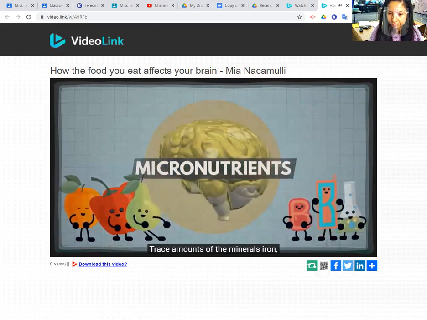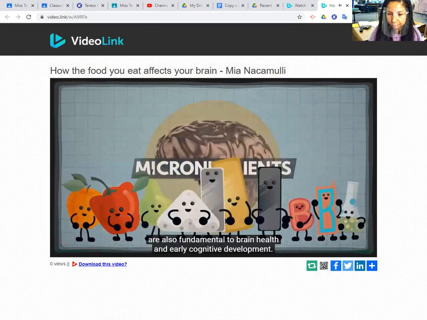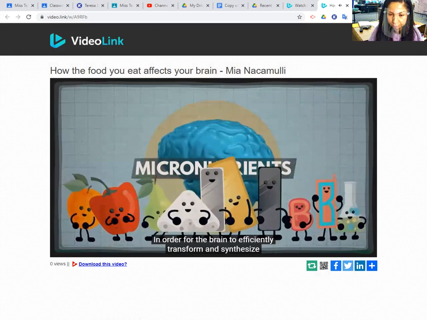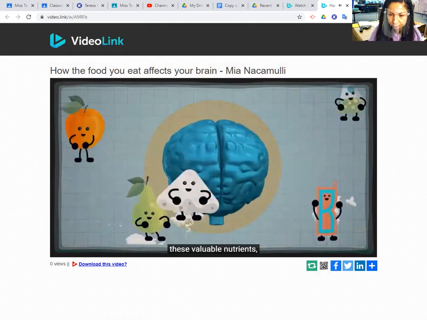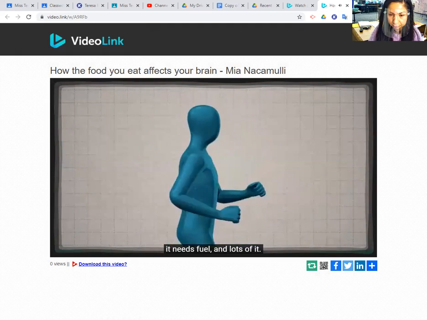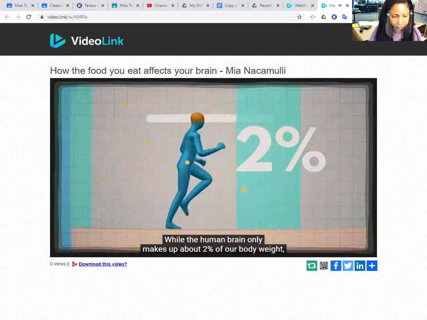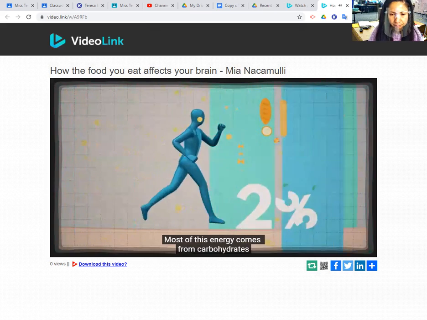Trace amounts of the minerals iron, copper, zinc, and sodium are also fundamental to brain health and early cognitive development. In order for the brain to efficiently transform and synthesize these valuable nutrients, it needs fuel, and lots of it. While the human brain only makes up about 2% of our body weight, it uses up to 20% of our energy resources.